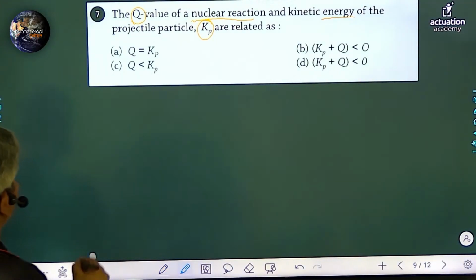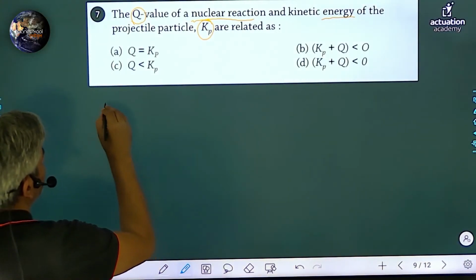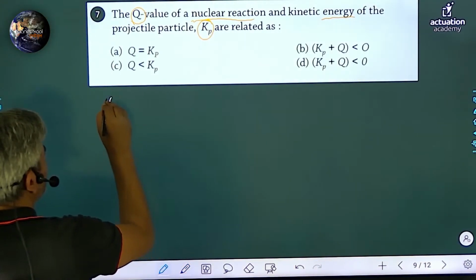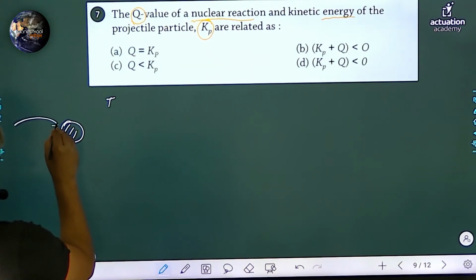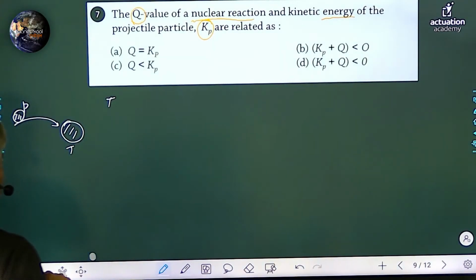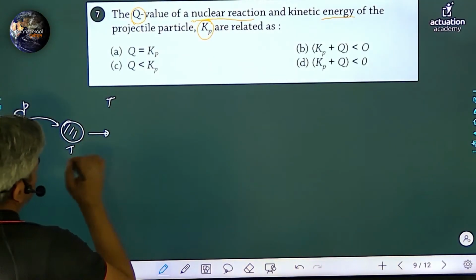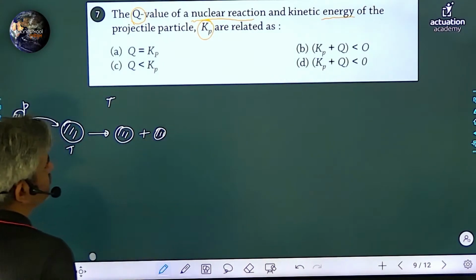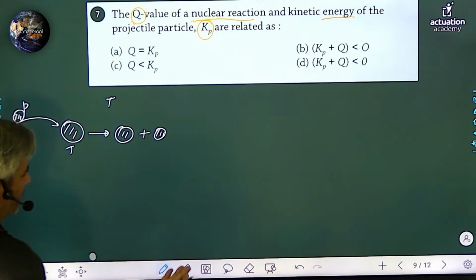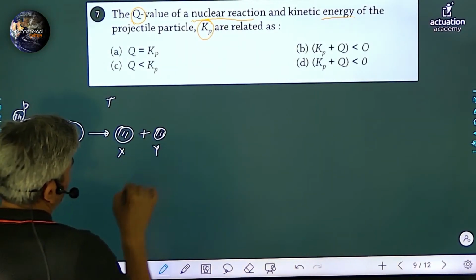Let's say we have a target nucleus, and then we have a projectile P on it, which is coming with some kinetic energy, and the target is initially at rest. Both of these give two resultant nuclei, the products of these reactants. Let's say this is X and this is Y.